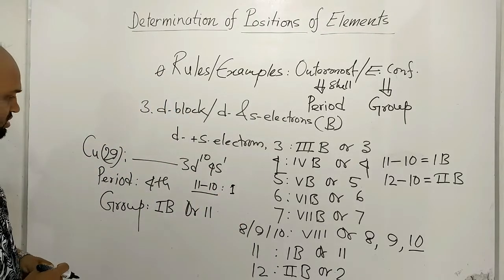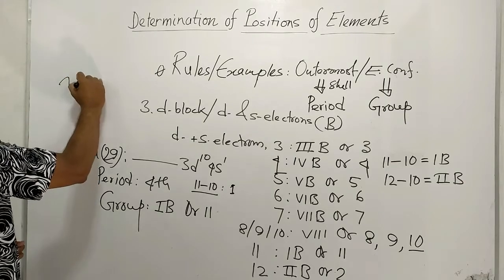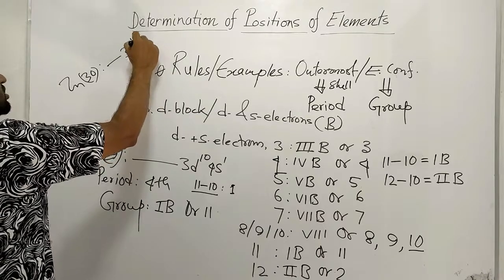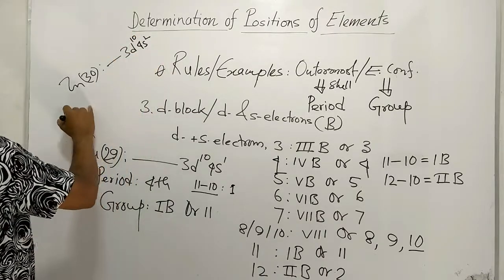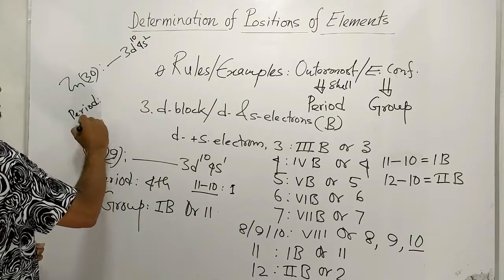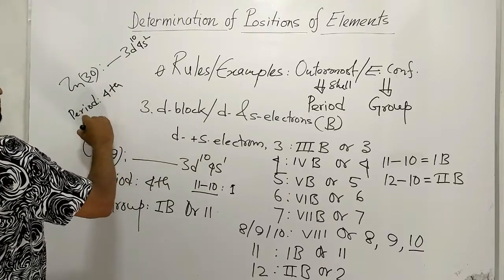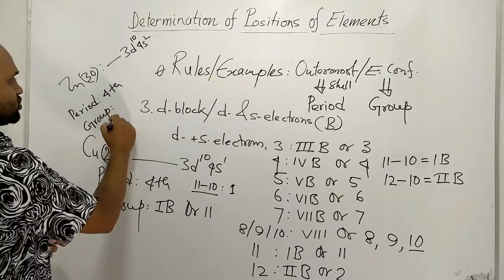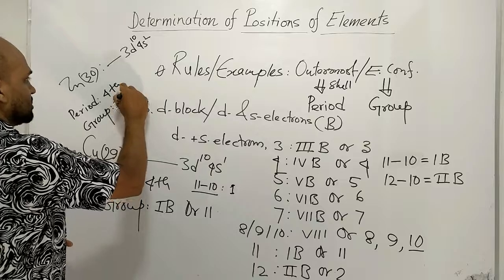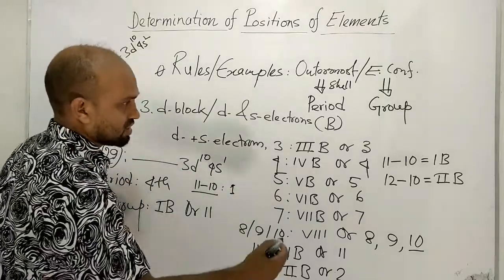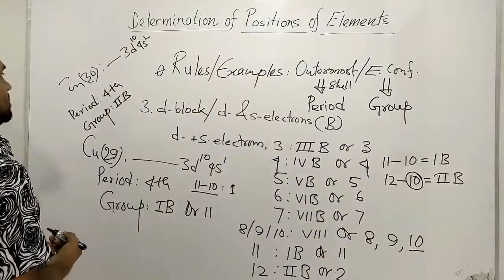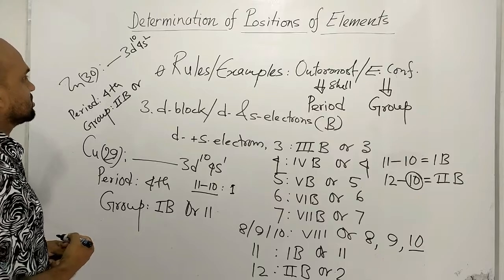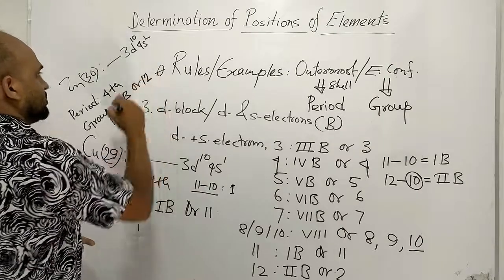If we see zinc 30, 3d10, 4s2, its period is 4th period and group is 12 electrons, so it will be 2B after deducting 10, and in the most modern periodic table its group will be 12.